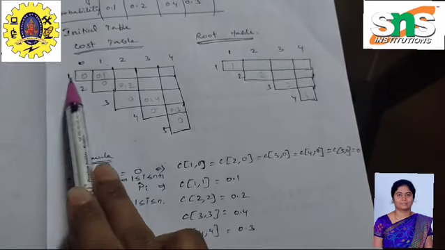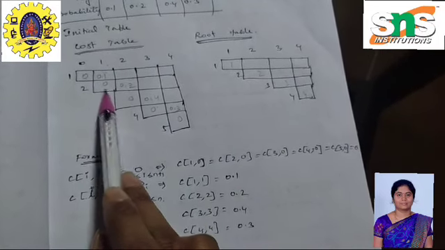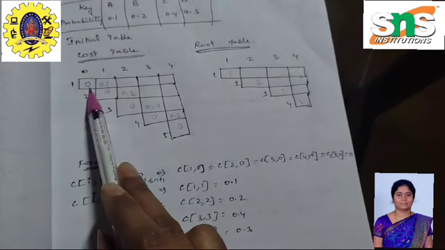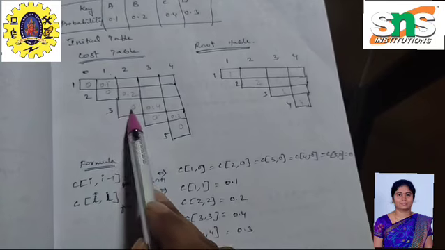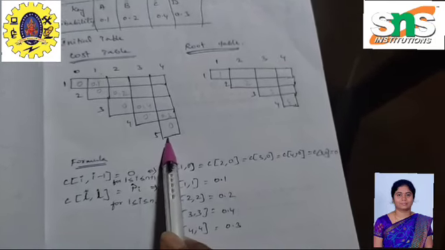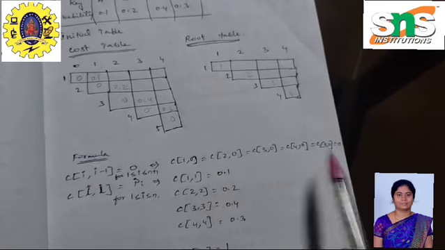For the cost table, the last diagonal positions are 1 comma 0, 2 comma 0, 3 comma 0, 4 comma 0, 5 comma 0. Fine. So these values are 0 here.